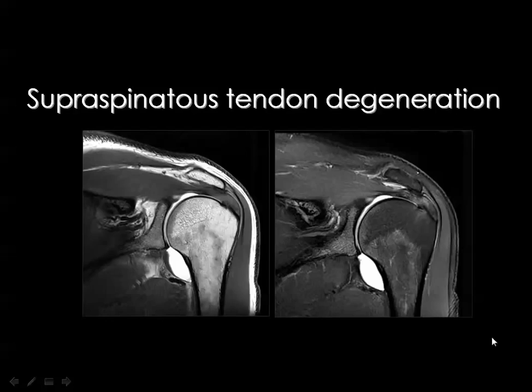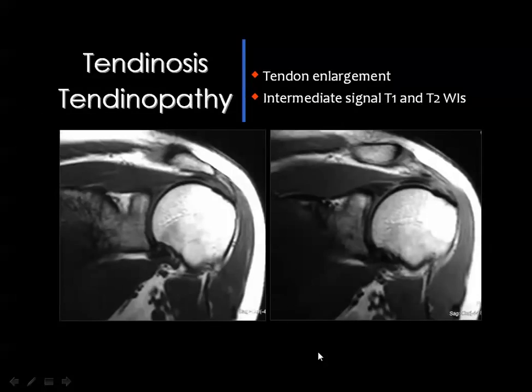Then whenever you see an intermediate signal within the tendon in the T1 and also in the T2 weighted images, you know that this is tendon degeneration, tendinopathy, or tendinosis, and this may be associated with swelling of the tendon and may not. And this is also an example of tendinopathy.